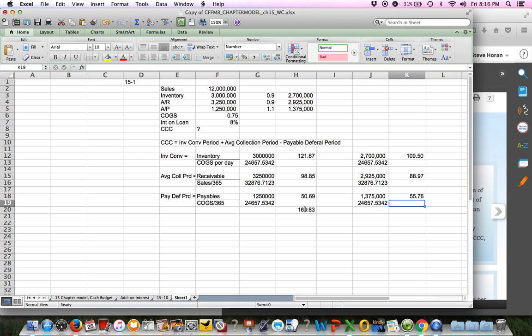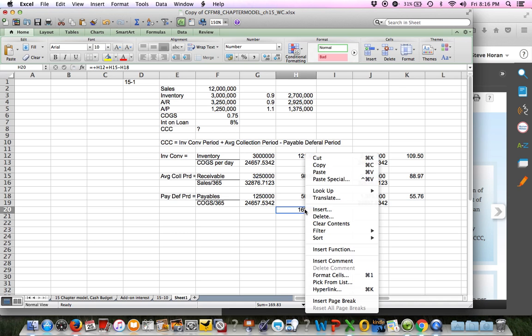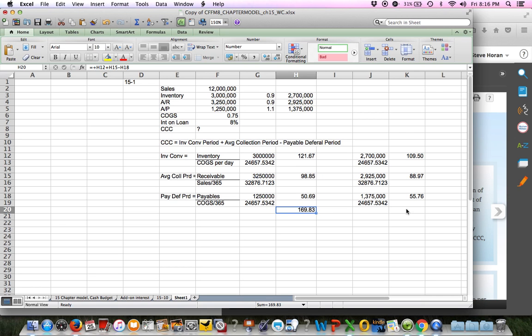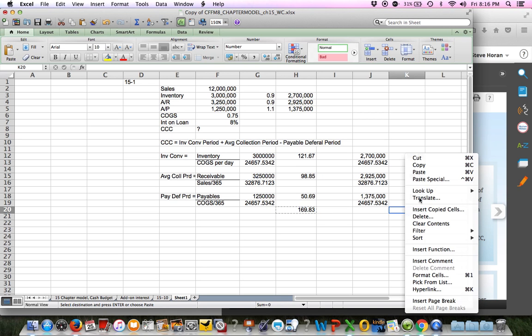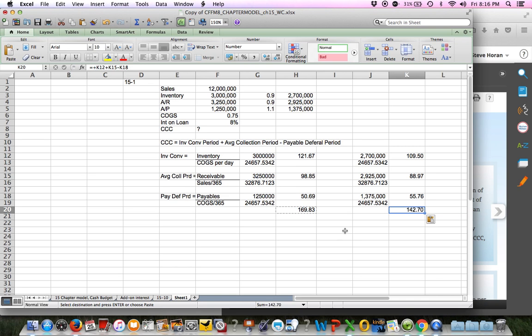Okay, so I'm going to take this formula here, copy it over, and paste, and there we go. So we go down to 142.71. Basically, what I had versus my new situation, we reduced the CCC by 27-ish days.